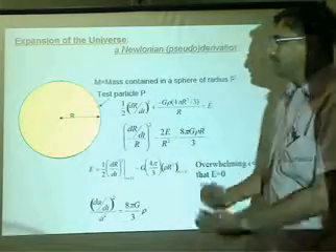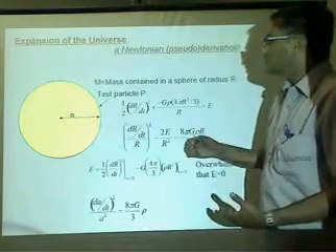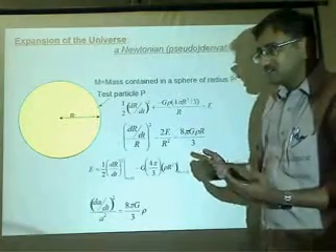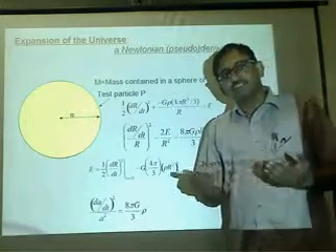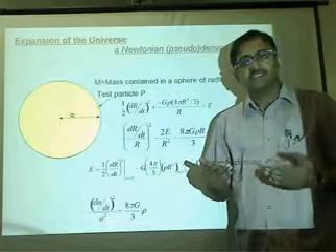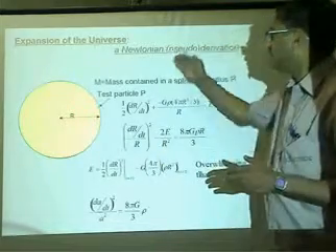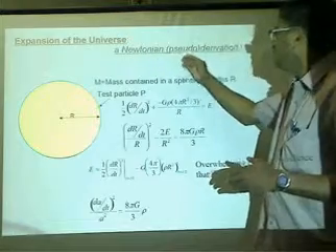So what I will do in this slide is to give a derivation which is not rigorously correct, but nevertheless gives the results which the more rigorous Einstein's GTR gives. So I will call it a Newtonian pseudo derivation.